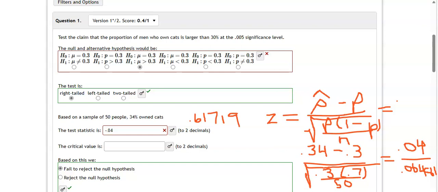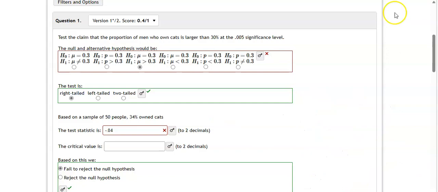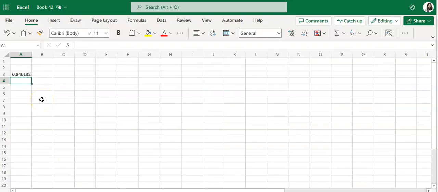Okay, so the critical value. This is a right-tailed test since we said this was going to be the greater than. I don't want to look up 0.005, although I could. It'll give me the negative z value, and then I could just switch it to positive. So in Excel, I can either put in 0.005, which gives me the negative z-value that I switch to positive since we're dealing with a right-tailed test, or I can put in 0.995, which is 1 minus 0.005, and it will give me the correct value.